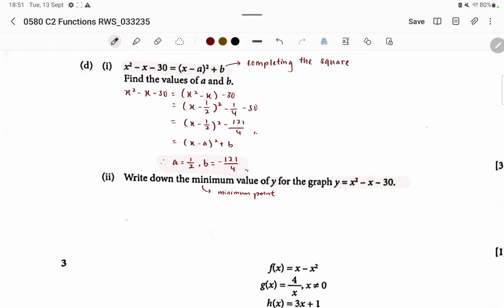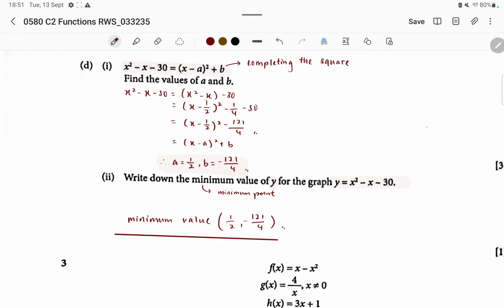But you write like that lor. Minimum value: 1 over 2, negative 121 over 4 as your final answer.